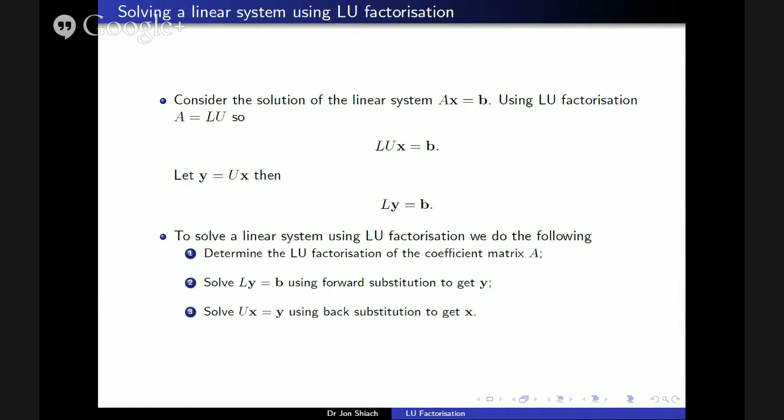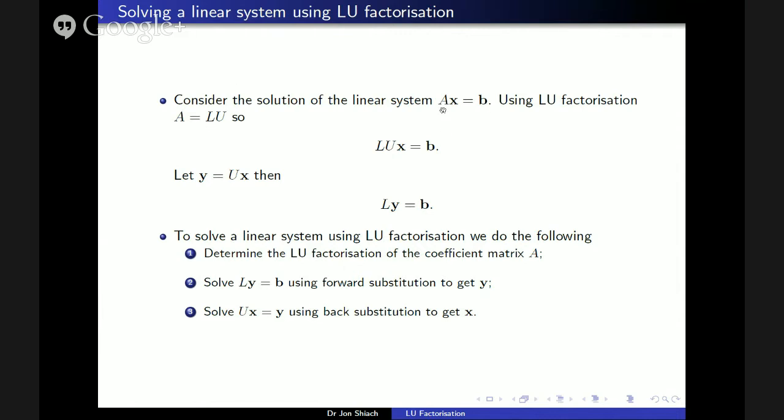a linear system. So remember, when we write down linear systems, we use a matrix equation. A is your coefficient matrix, X is your unknown vector, B is your right-hand side vector. Well, remember, A equals LU. That's what we just did.